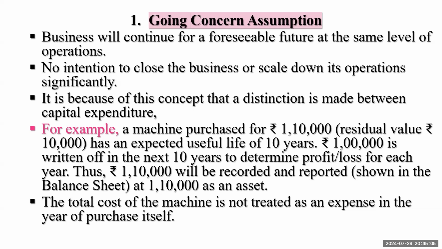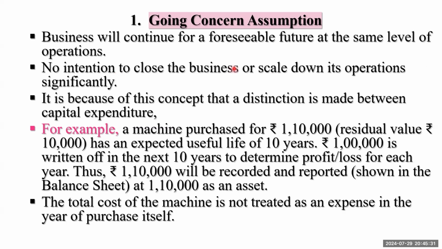So what does it say? Going concern says that the business is going to continue its business in the foreseeable future, and there is no intention of closing down the business or scaling down its operations.